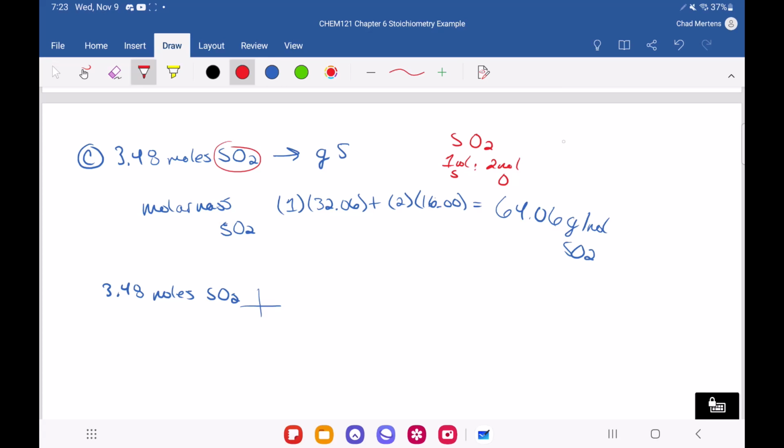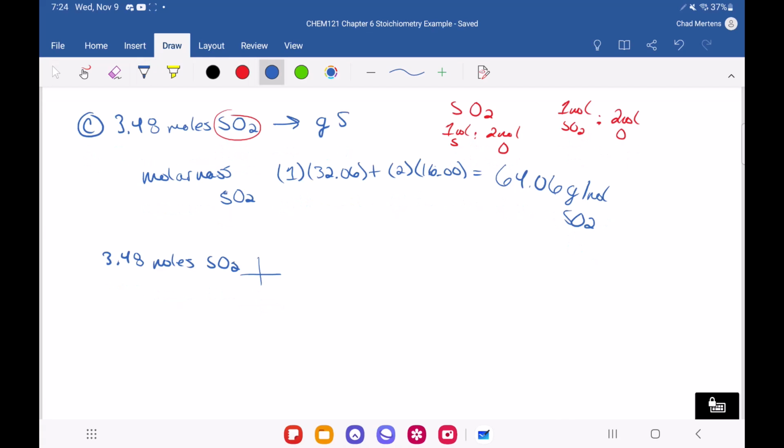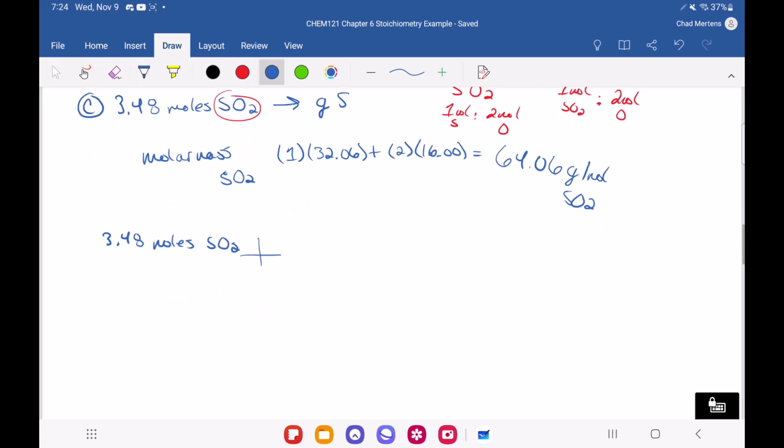So to cancel moles of SO2, we can do 1 mole of SO2 is equal to 1 mole of sulfur. Then 1 mole of sulfur is equal to 32.06 grams of sulfur.